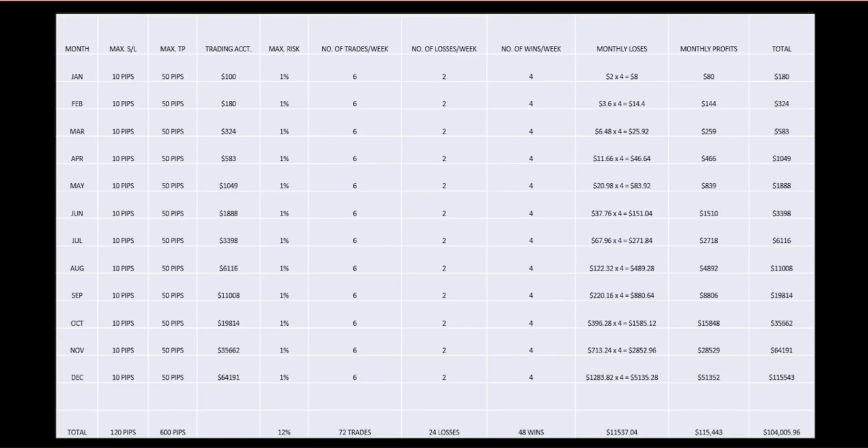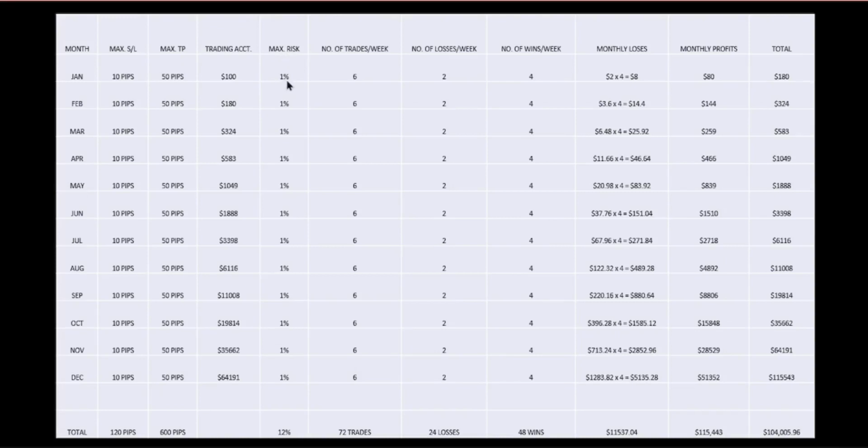Now, trading account, how much are you starting with? With $100. Just $100. In the month of January, you start with $100. Now, maximum risk per trade, maximum is 1%.